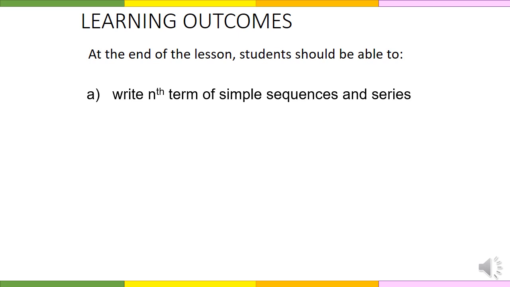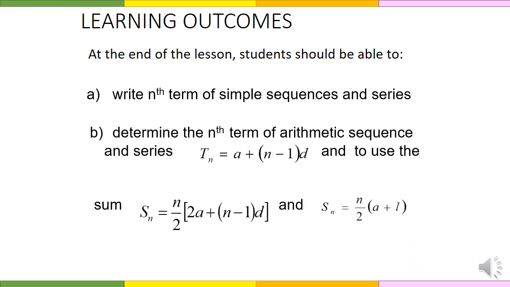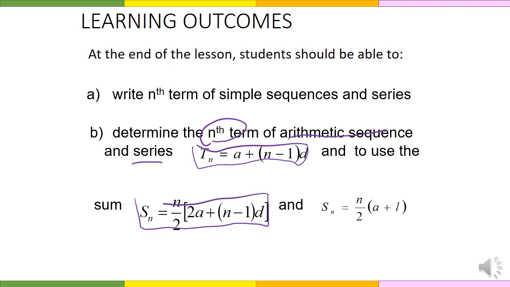And then in the second part of this lecture, we are going to focus on the arithmetic sequence and series. So we want to find the nth term of the arithmetic sequence and series, and then use the sum formula to find the sum of the first n terms. Okay.